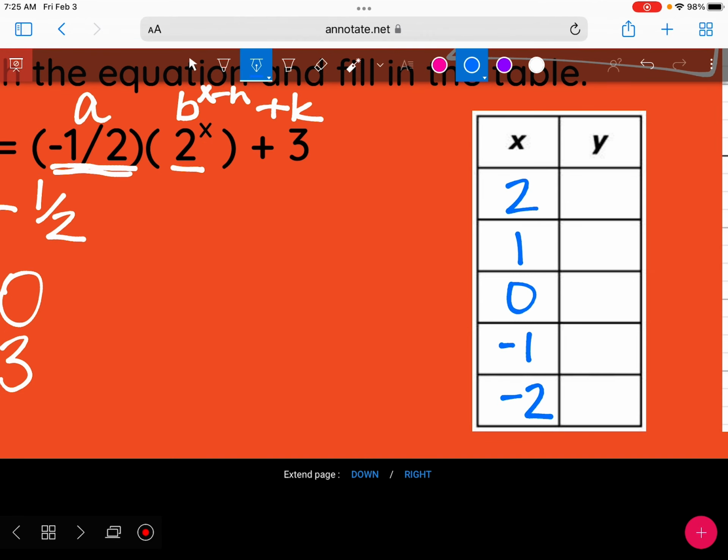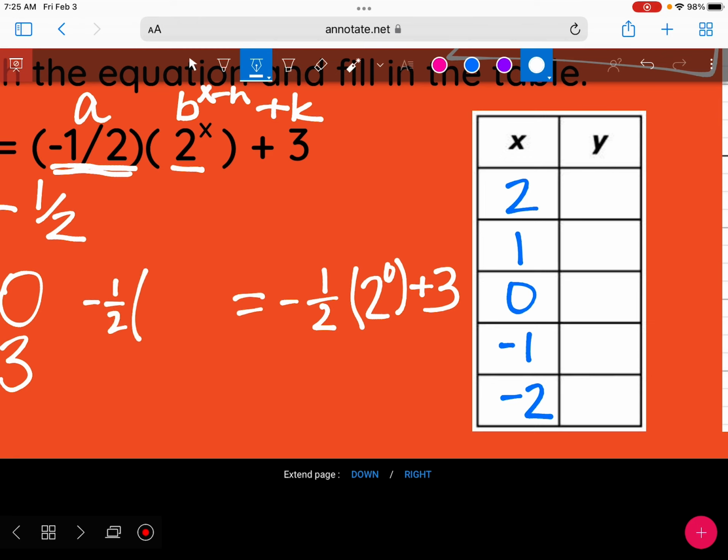So if we plug in 0, we're going to get negative 1/2 times 2 to the 0 plus 3. So what do you guys get? This is equal to negative 1/2 times 1 plus 3.